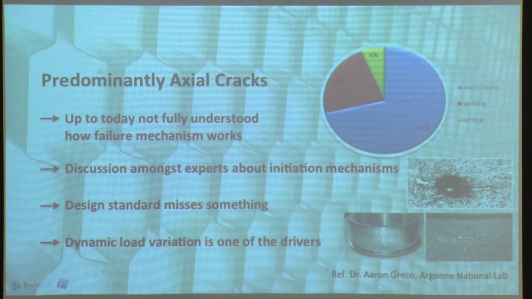If you want to learn more on this, Aaron Greco from Argonne Lab is the reference. He is one of the researchers who is the furthest along in this field. He's also part of the GRC. So up to today, it's not fully understood what goes wrong, but we know that dynamic loads and dynamic load variation is one of the drivers. It's not the only driver, but it's one of the drivers.